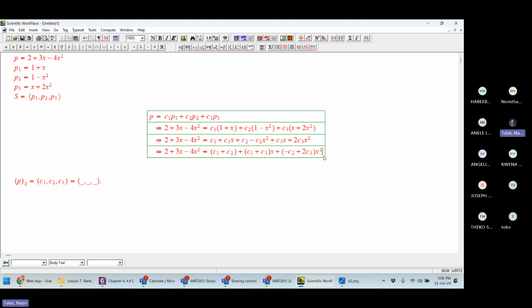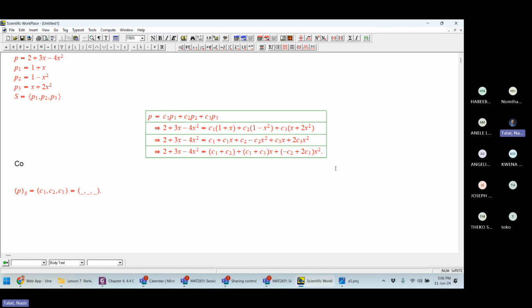Our prime objective is to find the values of C1, C2, C3. So what you need to do is compare the coefficients of 1, x, and x square.